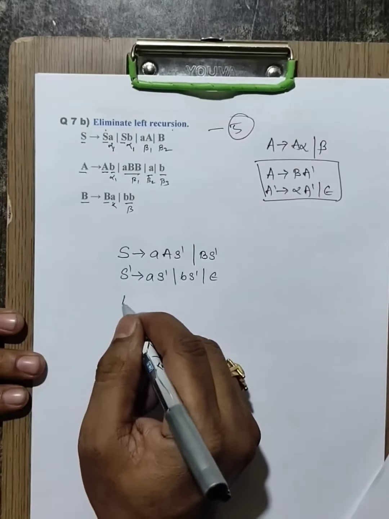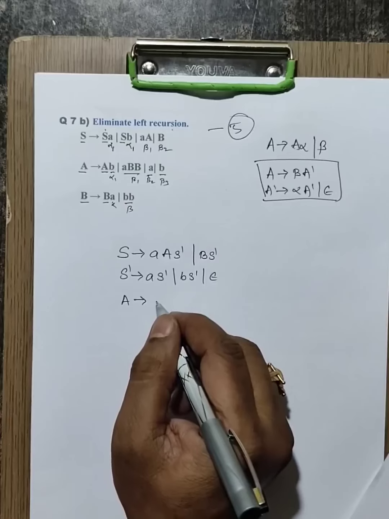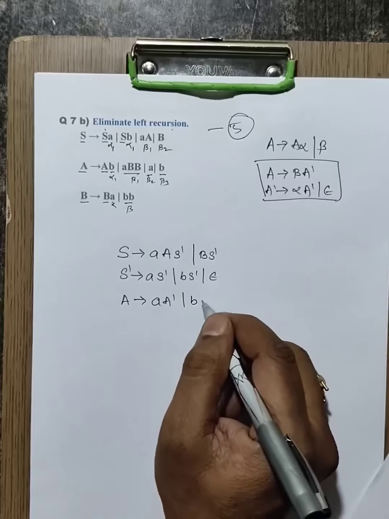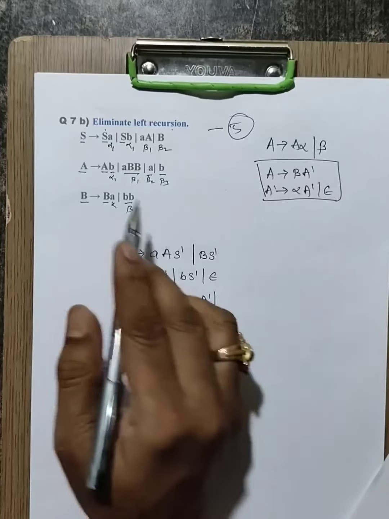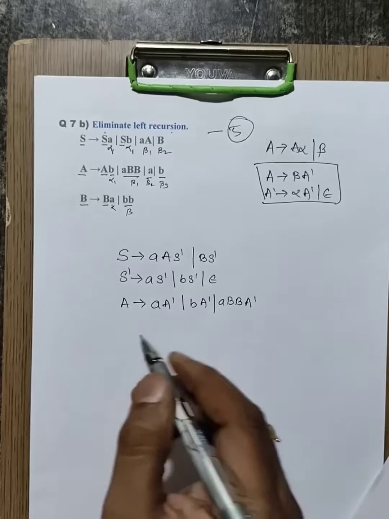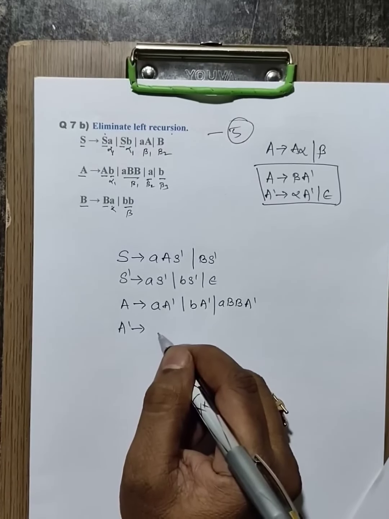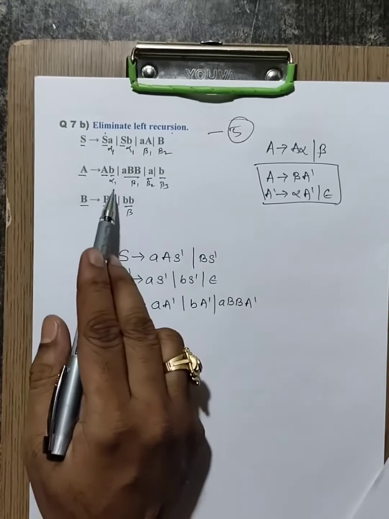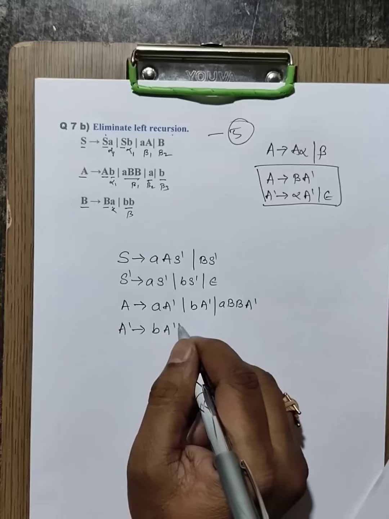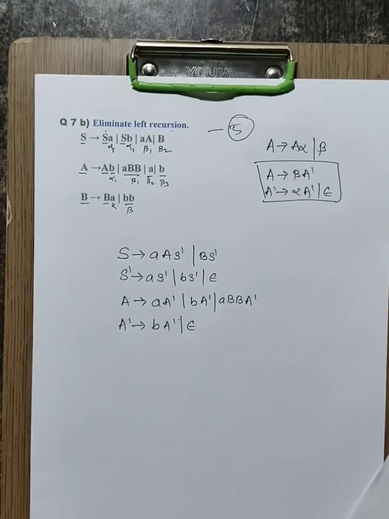Within the second, A produces beta. Beta means A dash, B A dash or A B A dash. And what is A dash? A dash is a new variable. A dash produces alpha A dash. In this, what is alpha? It is B. B A dash, B A dash or epsilon.